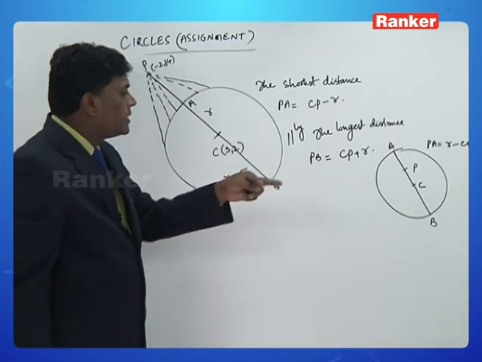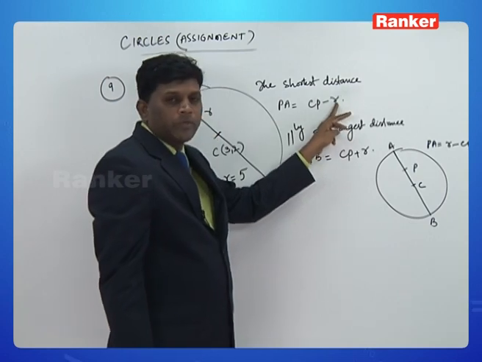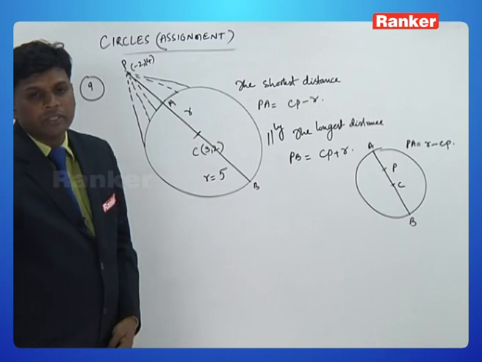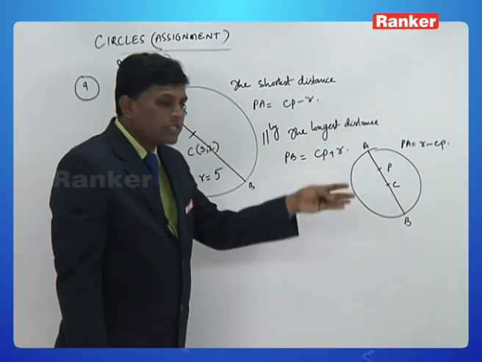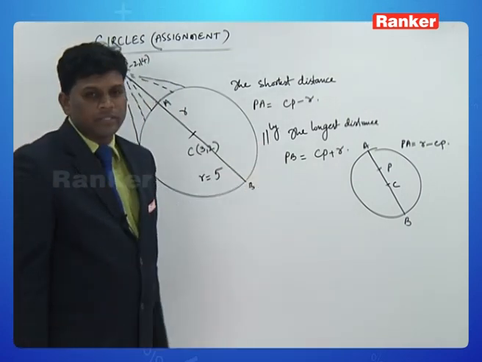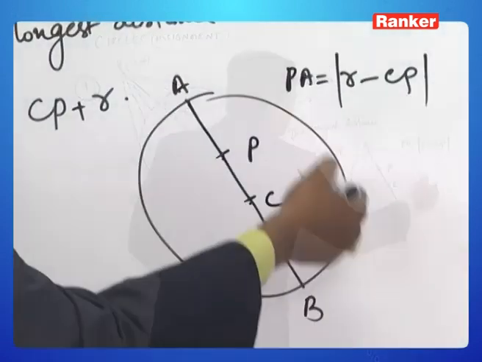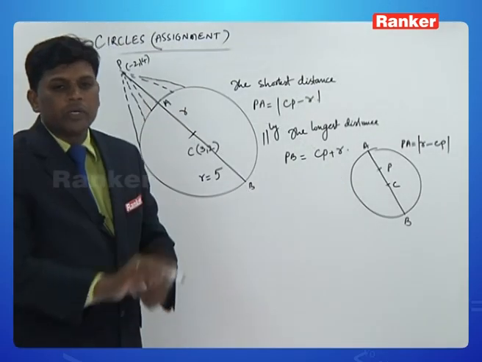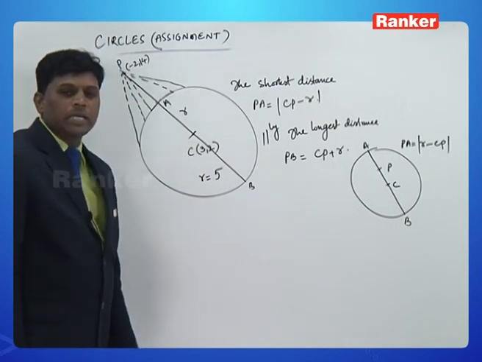The difference is that here CP is more than R, that's why we have taken CP minus R, and in the internal case we take R minus CP. So instead of checking the position of the point directly, if you want to calculate the shortest distance, simply we can use the modulus, whether it is R minus CP or CP minus R. Finally we take the positive output. In that case we can avoid unnecessary lengthy calculations.